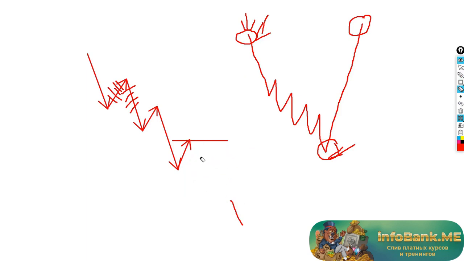Let me get rid of some of this stuff and let me actually redraw it. So as we said before, we had the structure point over here, we had the down move, and we had the aggressive up move. So this could look potentially something like this, right? You may see a huge bearish candle like this, right?